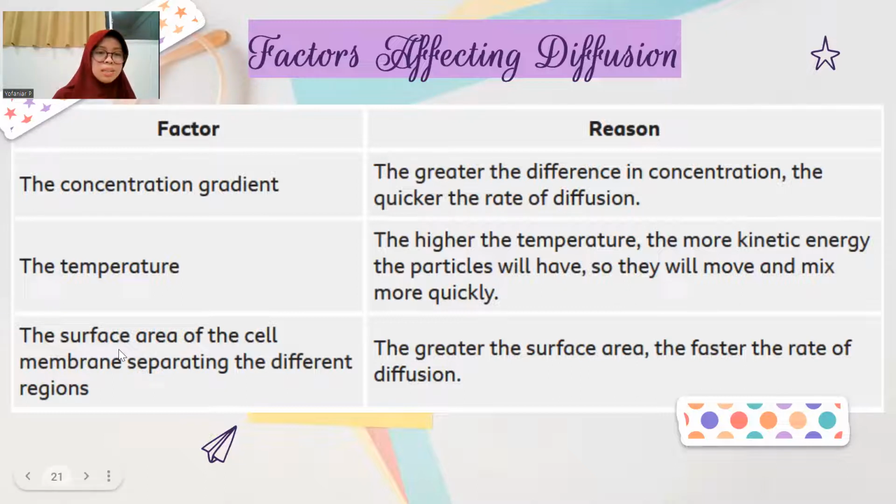The next one, the surface area of the cell membrane separating the different regions. The greater the surface area, the faster the rate of diffusion. The surface area is the site for the particles to be in contact. Ya, berarti kalau luas permukaannya banyak, the place or the site for diffusion to happen will of course increase. It means the rate of diffusion also increases.